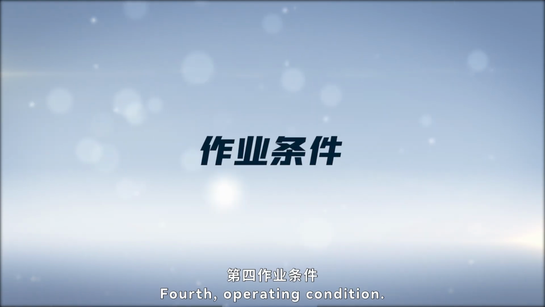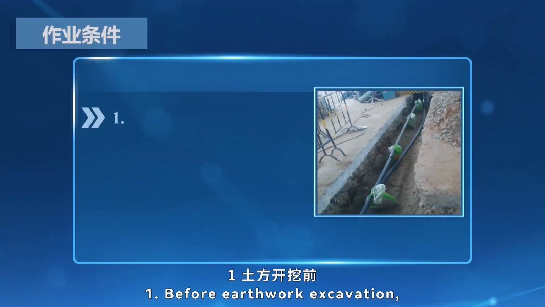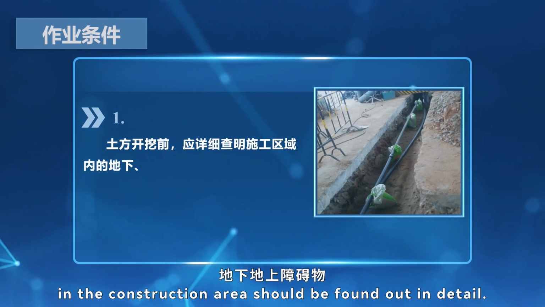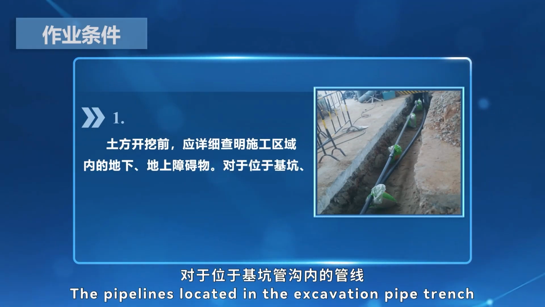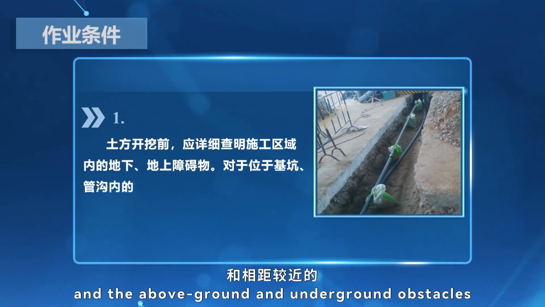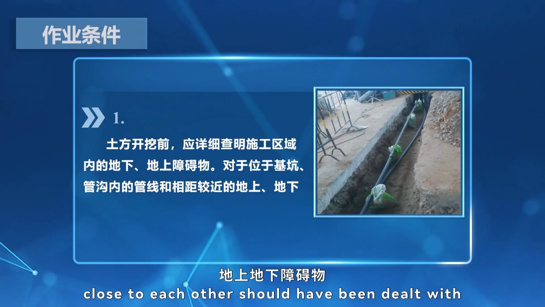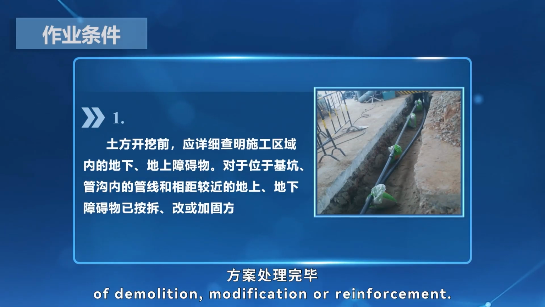Fourth, operating condition. 1. Before earthwork excavation, the underground and above-ground obstacles in the construction area should be found out in detail. The pipelines located in the excavation pipe trench and the above-ground and underground obstacles close to each other should have been dealt with according to the scheme of demolition, modification, or reinforcement. 2.